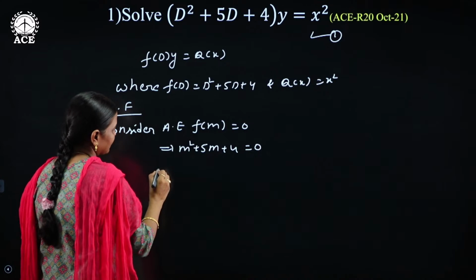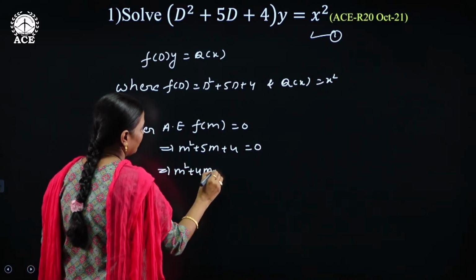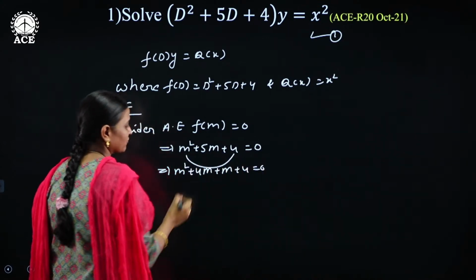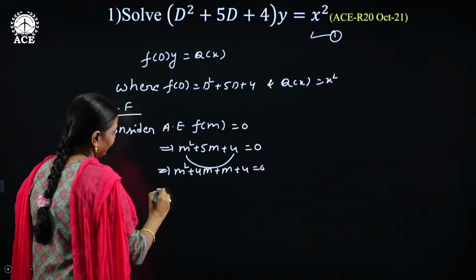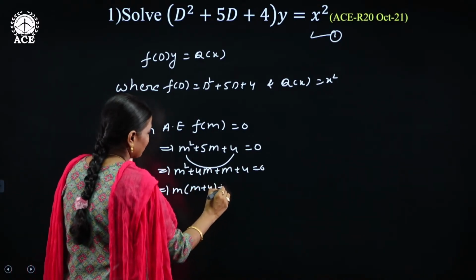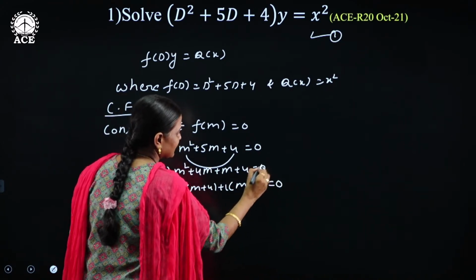What are the factors? m square plus 4m plus m plus 4 is equal to 0. If we take m common from the first two terms, m plus 4, and 1 common from the next two terms, m plus 4, is equal to 0.